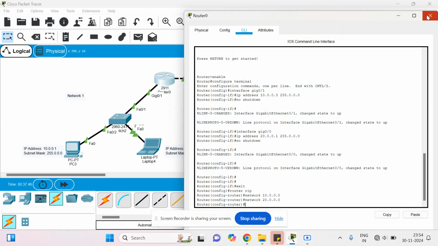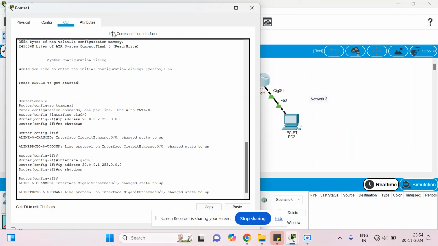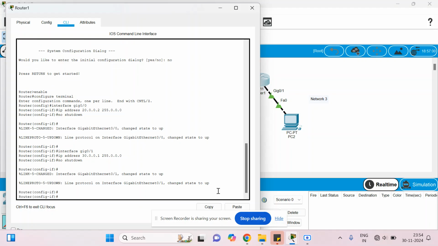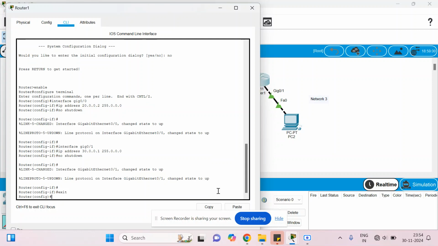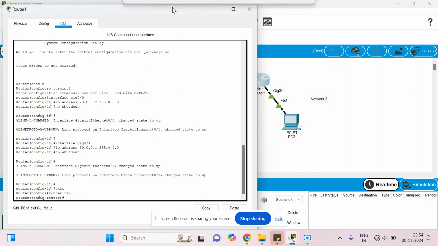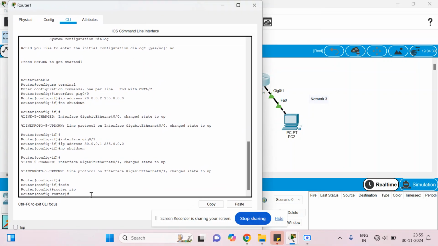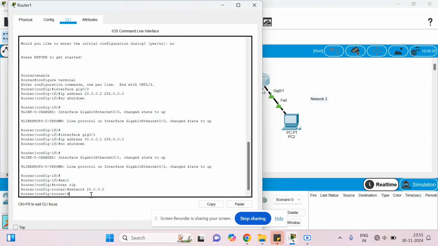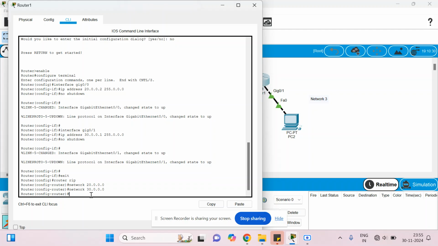Done. Similarly, open the second router, use the exit command to go back to the previous mode. Here type the command router rip, and two networks are connected, one is 20 and one is 30. So similarly write network 20.0.0.0, network 30.0.0.0.